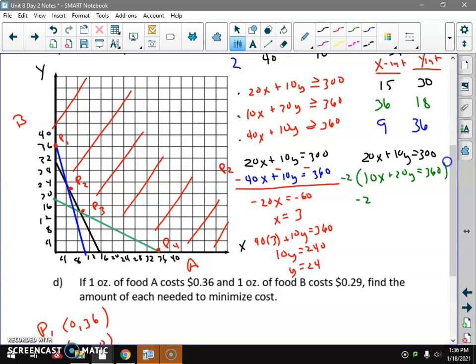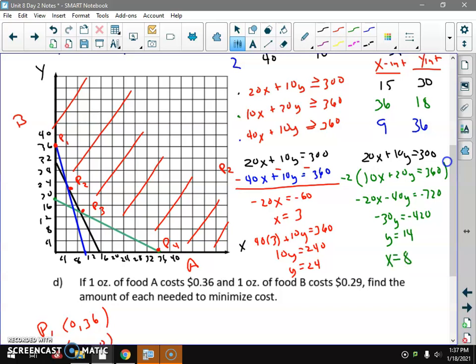That gives me negative 20x, so the x's get eliminated. Negative 40y, negative 720. 10 minus 40 is negative 30y. 360 minus 720 is negative 420. Divide by negative 30. y equals 14. Plug it back in. x equals 8.